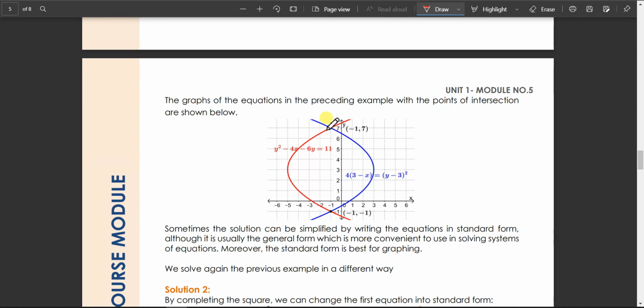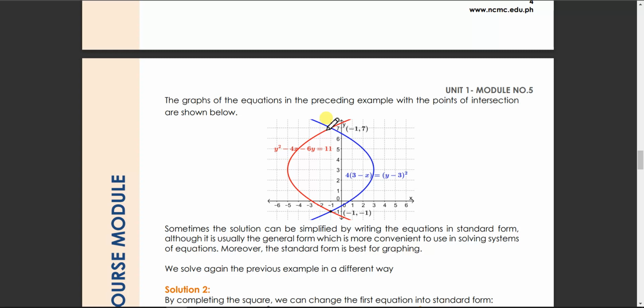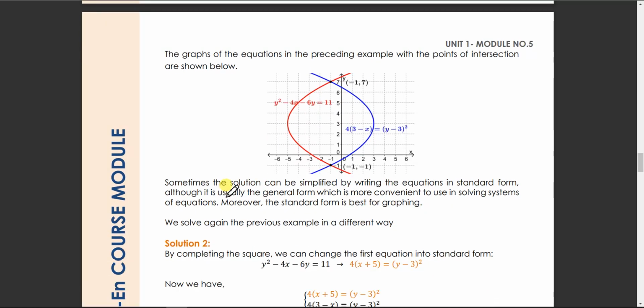Okay, so sometimes the solution can be simplified by writing the equation in standard form. Although it is usually in general form, which is more convenient to use in solving systems of equations. Moreover, the standard form is best for graphing, right?